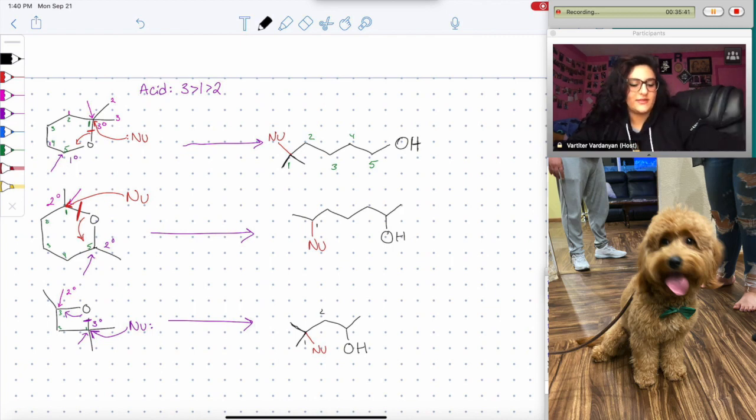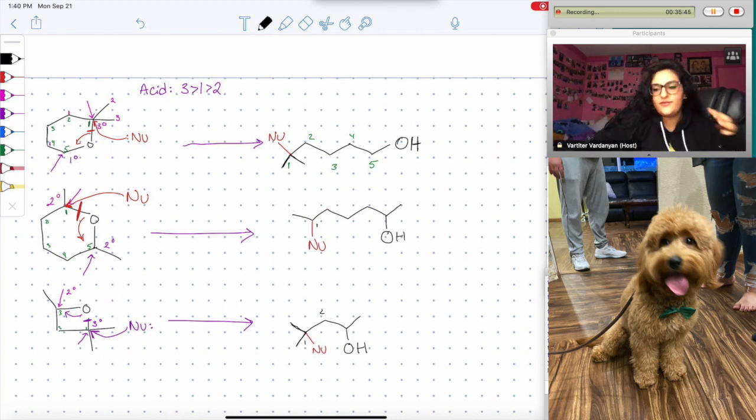Okay, so someone asked about the example number 2, and since there's no difference, both sides are secondary, you don't really have a preference, so you can attack either side and you will get the exact same answer. No difference. You guys are asking fantastic questions.